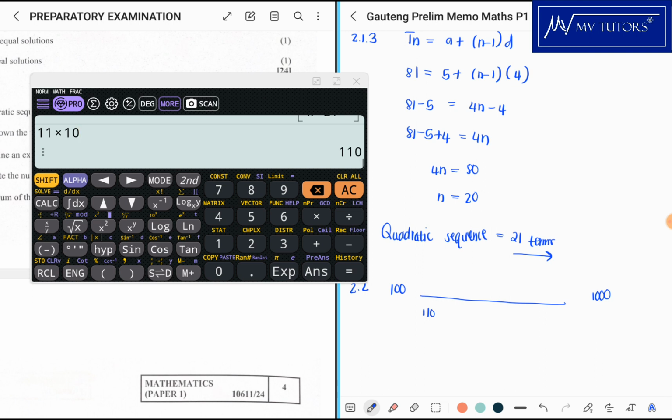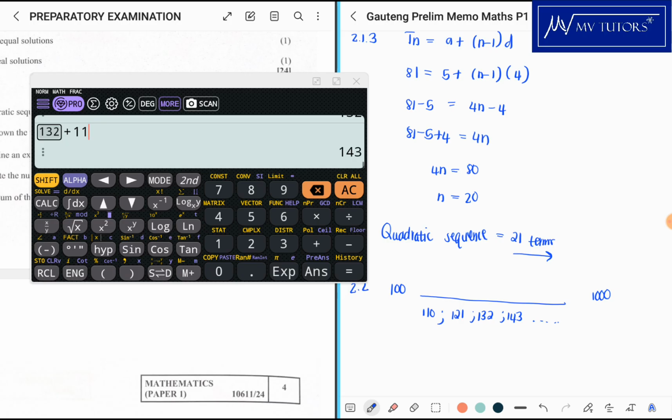110, and then plus 11, I have 121, plus 11, I have 132, plus 11, it's 143. Okay, and we go on and on until we get to a number close to 1,000.